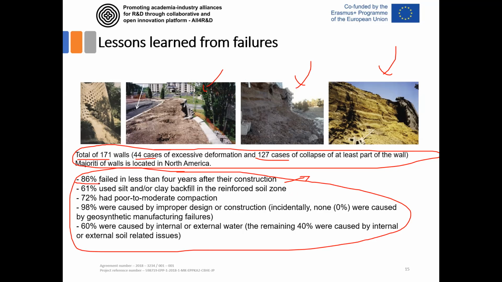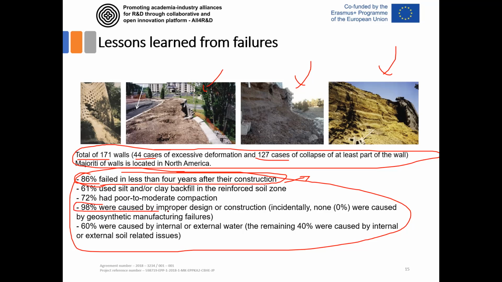The first one is that practically all the failures occurred in a period of less than 4 years after construction. So if a wall is stable for 4 years, you can be quite sure that it won't fail after 5 or 6. Of course, there is some percentage of those, but most walls failed in this period.